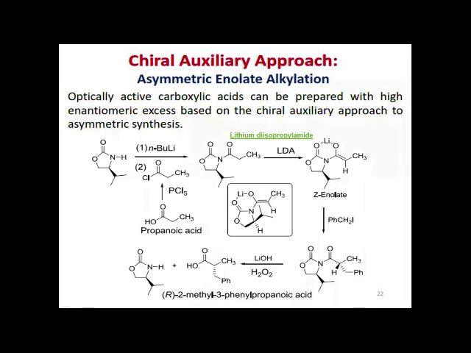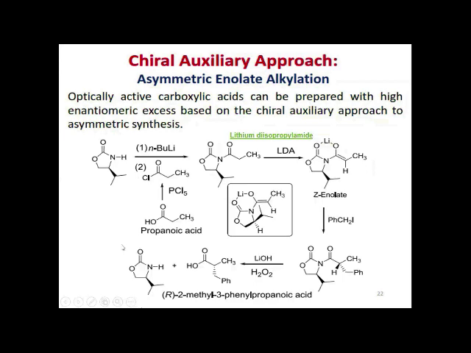Then by using benzyl iodide, an addition kind of reaction takes place. Iodide is removed and the benzyl group is attached at this carbon and the chirality is generated. Now if you look here, this is called a chiral substrate, and this is how we can generate the chirality. And then by using lithium hydroxide, a kind of base, and hydrogen peroxide, the bond between these two atoms, carbon and nitrogen, breaks down, and the chiral auxiliary is separated out.